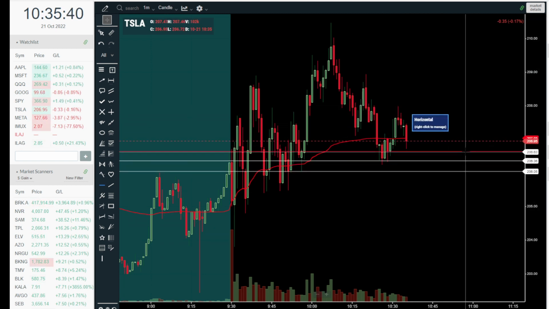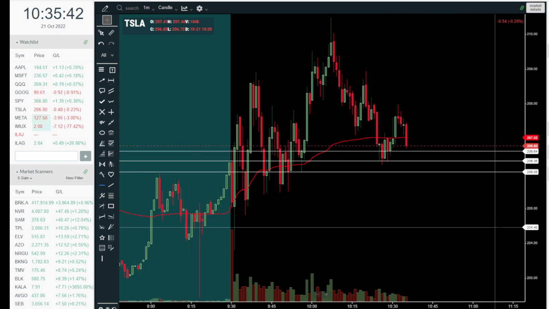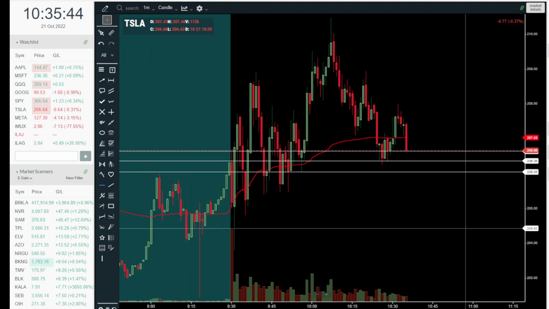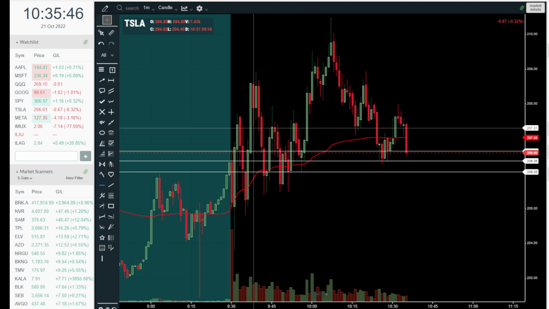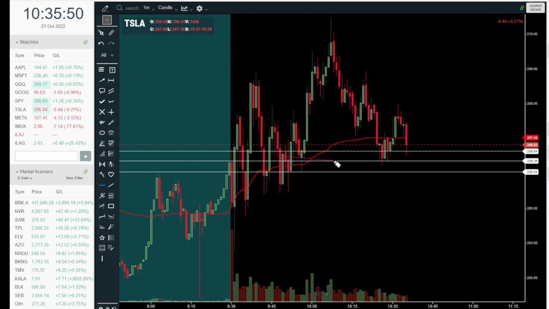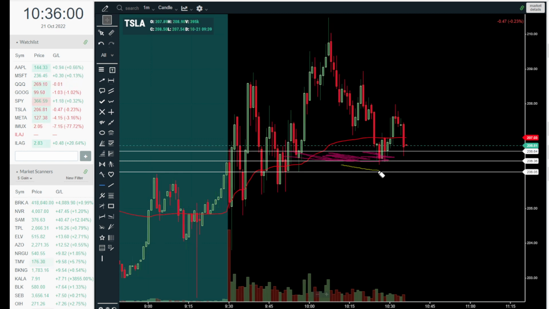When I see it coming back down, I want to see how it reacts to the previous support areas. If I just use the pen, how does the stock react to this area that I'm highlighting here, and this area, because this is going to be an important one. So now let's see what it does.